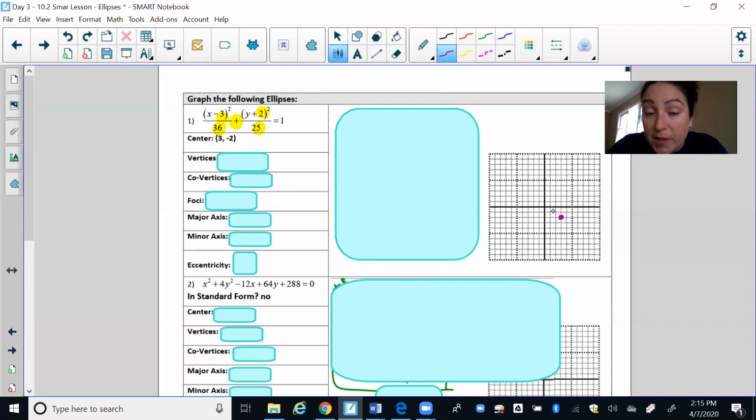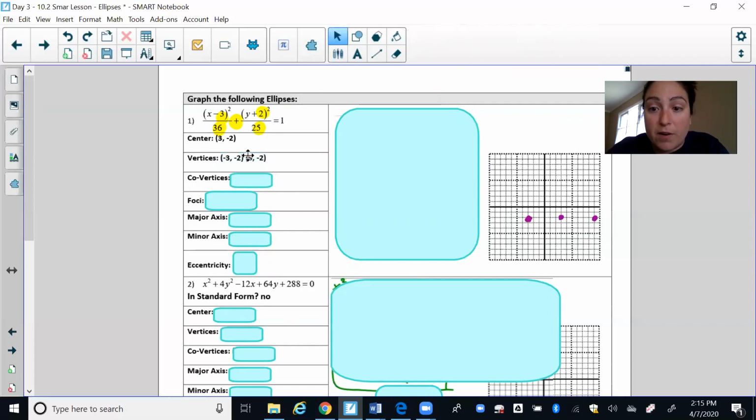I got 6 because the square root of 36 is 6, because remember that's equal to a squared. So from my center, I'm going to go right 1, 2, 3, 4, 5, 6, and left 1, 2, 3, 4, 5, 6. And that's where my vertices are. So my vertices are at (-3, -2) and (9, -2).